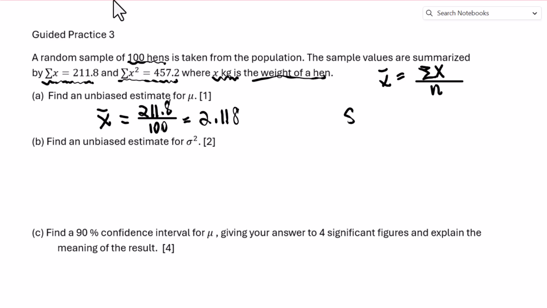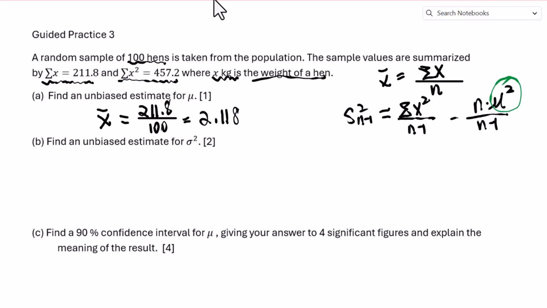B. Find an unbiased estimate for sigma squared. Here is the formula for unbiased estimate for sigma squared. S sub n minus 1 squared equals, denominator n minus 1, numerator summation of x squared minus n times mu squared. Don't forget this is mu squared.